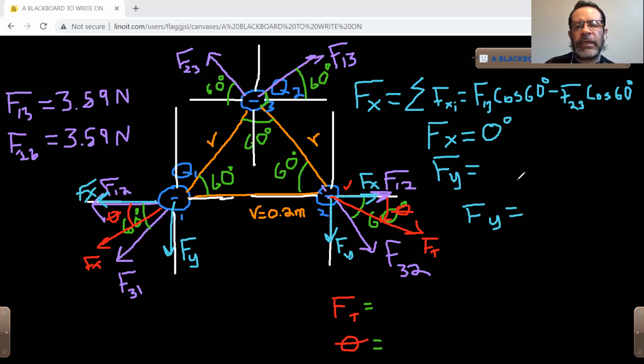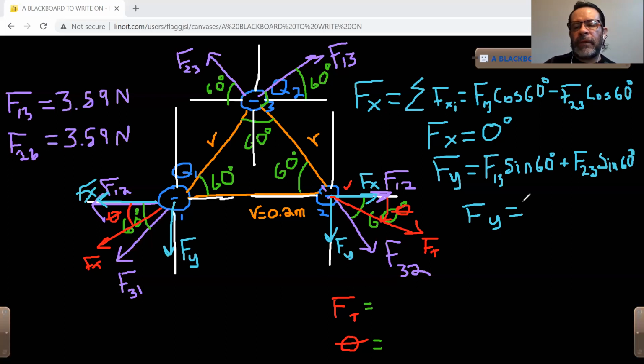And in this case, Fy would be the Y components, which is the sum of F13 sine of 60 plus F23 sine of 60.